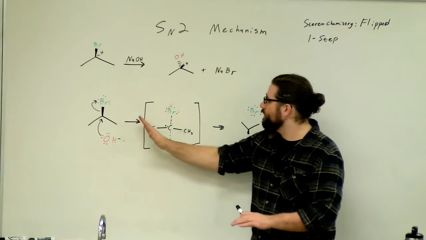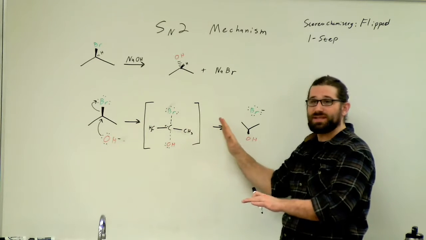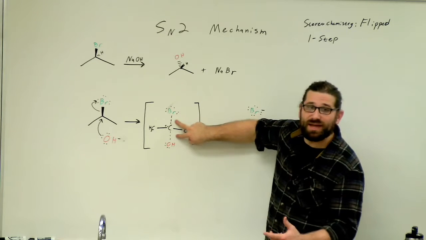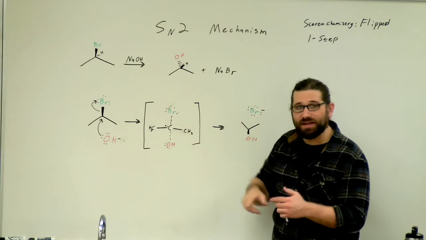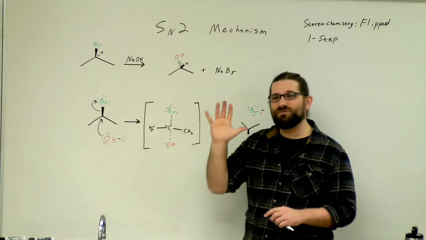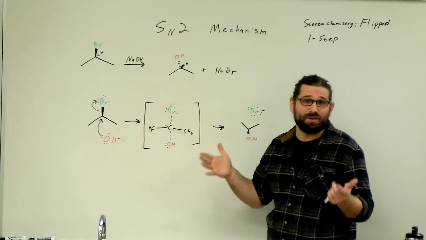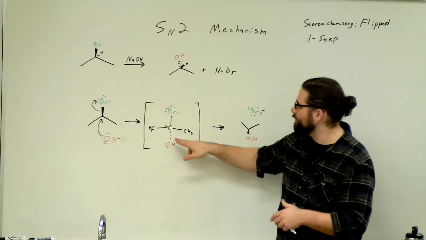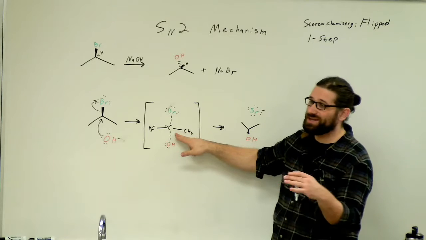This is what this looks like as this step completes. The carbon is technically attached to both the bromine and the hydroxide at the same time. So this is really carbon with 5 connections. That's unstable. It's not going to stay that way. So this is why this is an intermediate step. This is incredibly unstable. It's not going to happen.